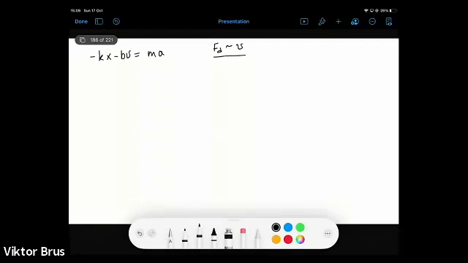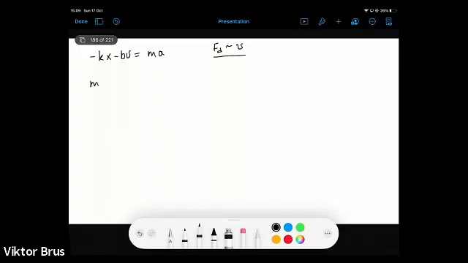So we consider this case, and we can then write the differential equation based on this relationship. We know that acceleration is the second derivative of position x.